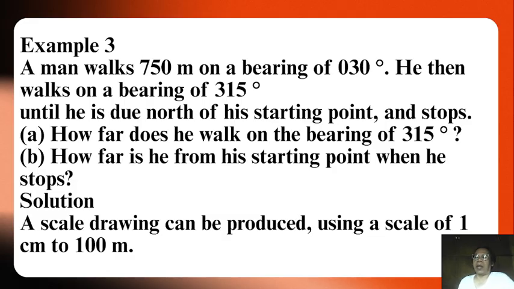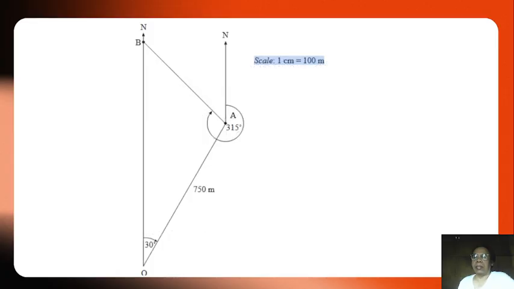That means we are going to measure the distance from point O to point B. And then we have our scale, which is 1 centimeter equal to 100 meters. So with that, I hope you understand how we come up with this illustration.